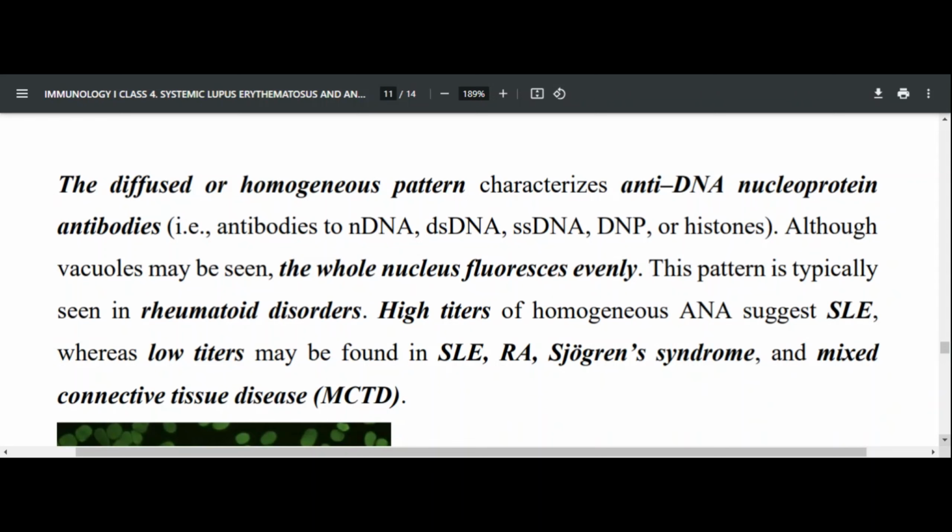When you detect antibodies against those antigens in the nucleus, we are likely to find a homogeneous pattern.